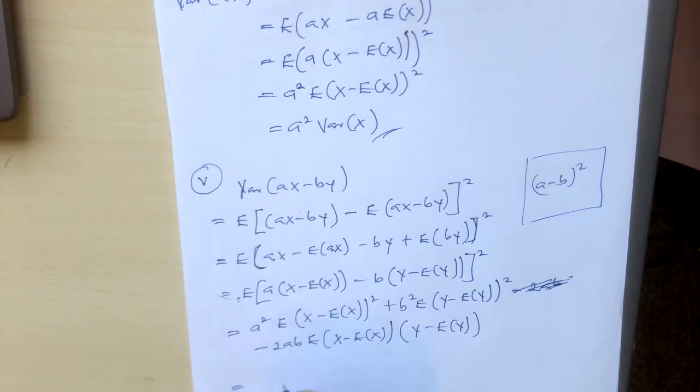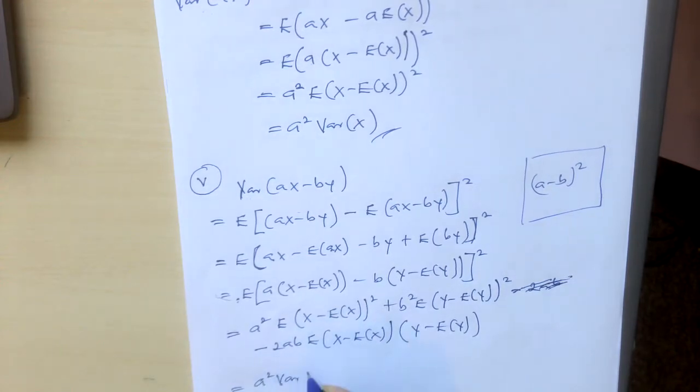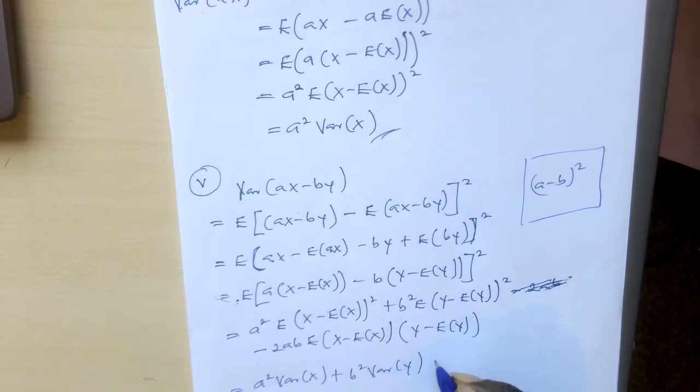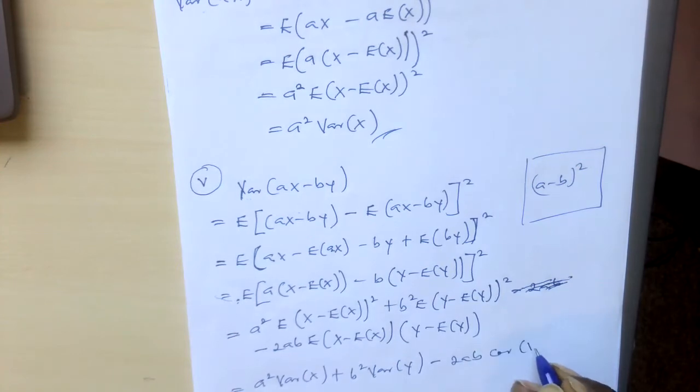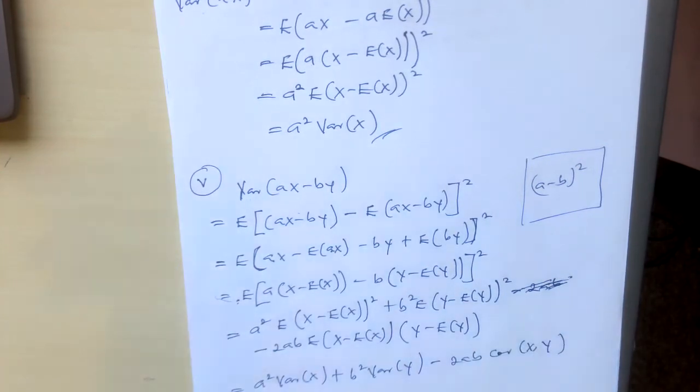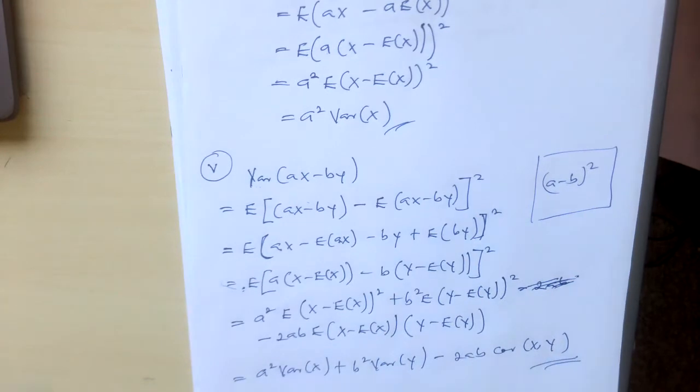So which gives us a squared variance of x plus b squared variance of y minus 2ab the covariance of x and y, which is proved. So let's move on to the question.